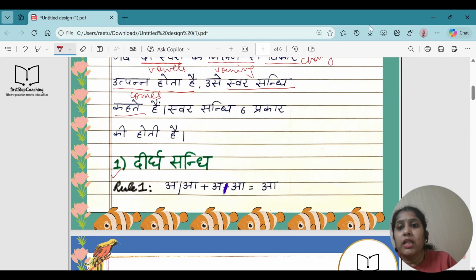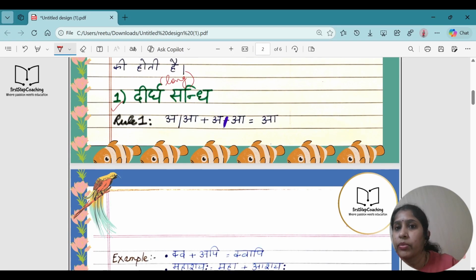The first one is Dirgh Sandhi. Now we are doing the sub parts of Swar Sandhi. Dirgh means long. There are some rules which we have to understand, and based on them we can identify and solve our questions related to Sandhi.